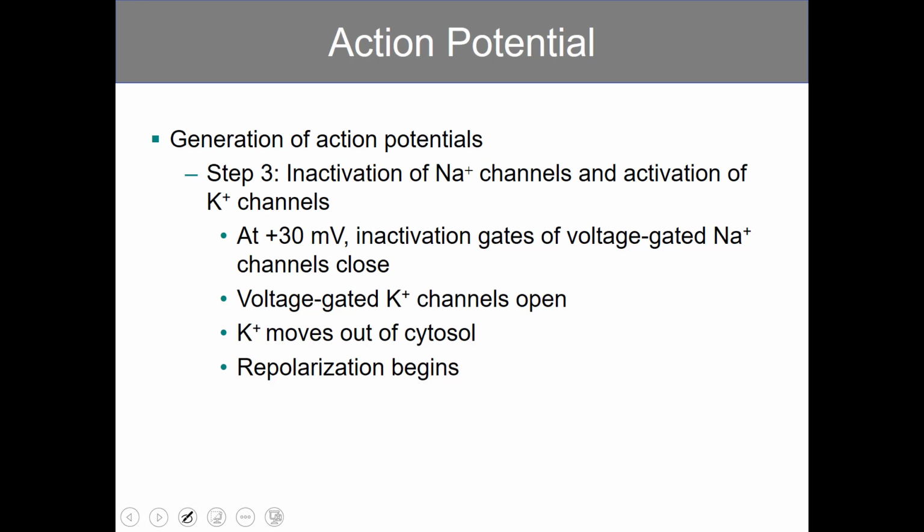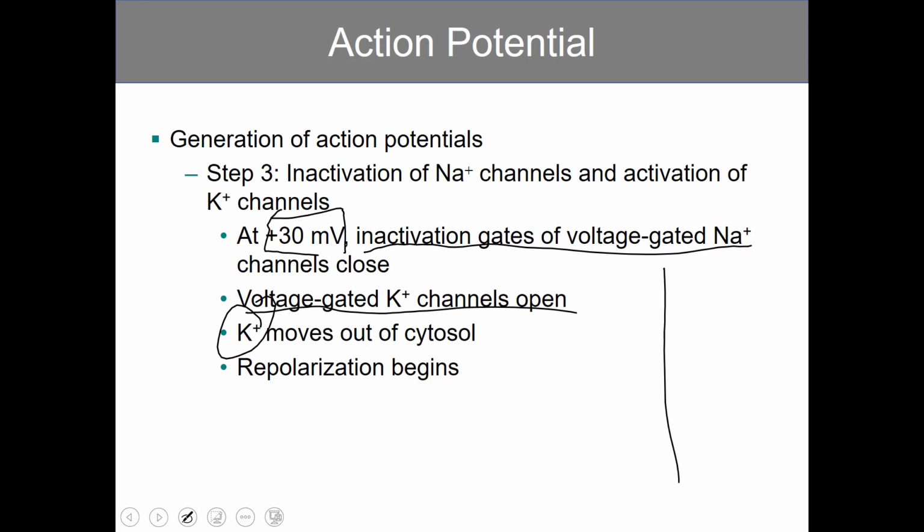Step 3, the generation of action potentials. Inactivation of sodium channels and the activation of potassium channels at about positive 30. When the transmembrane potential of your cell reaches positive 30, sodium channels close and your voltage-gated potassium channels now open. And potassium is going to flood out of the cytosol.